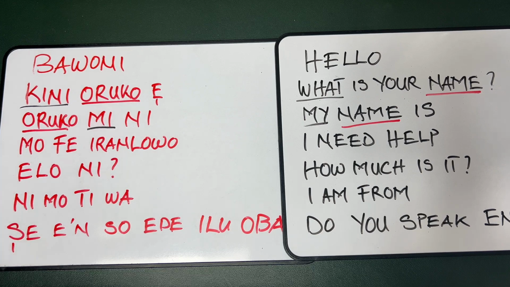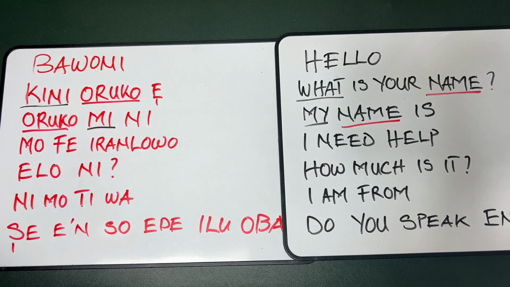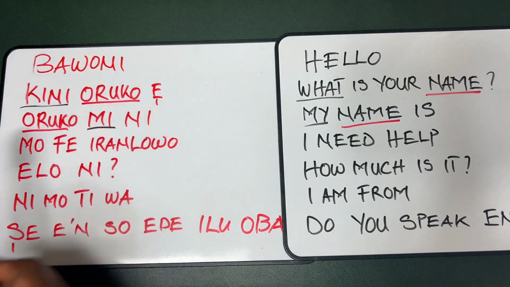But in Yoruba, it's the other way around, it's the reverse. So my name in English will be name my, which is orúkọ mi. My shoe will be bàtà mi. Hand, which is ọwọ́, you would say ọwọ́ mi. So orúkọ mi ni. So my name is.